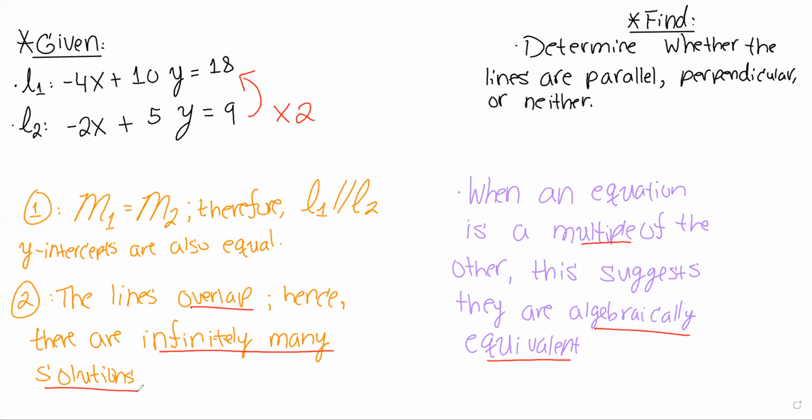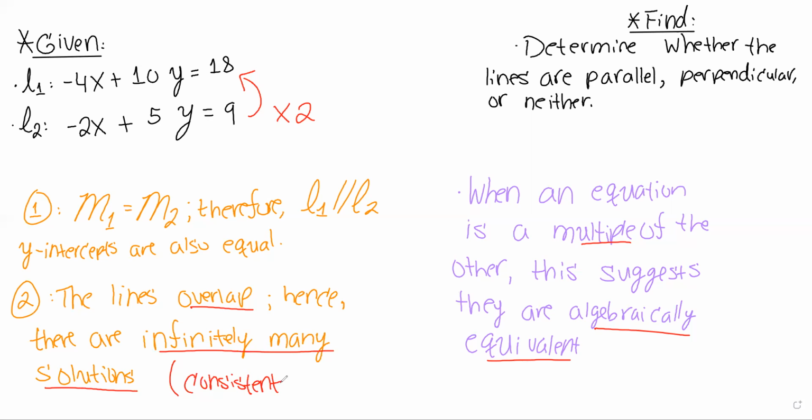So yeah, what happens if the slopes are equal? One more time. If the slopes are equal and the y-intercepts are equal, the lines are the same. If the lines are the same, they overlap. And if that's the case, there are infinitely many solutions. And that's the same as saying our system is consistent, meaning a solution exists.